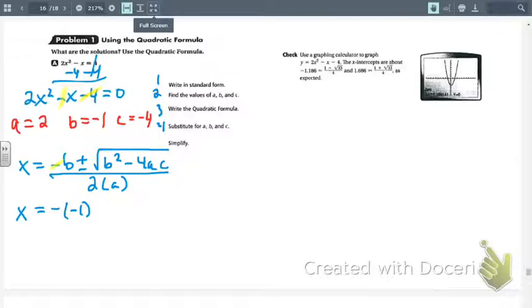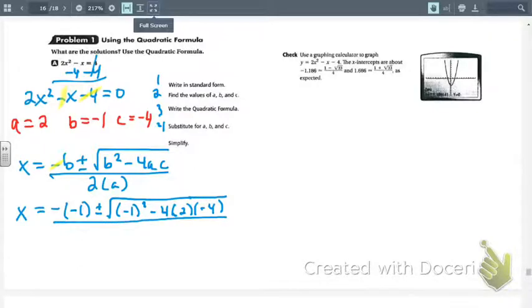That way you don't lose the negative. Plus or minus the square root, b squared, so negative 1 squared, minus 4 times 2 times negative 4, which is our c, all over 2a, and our a is 2.